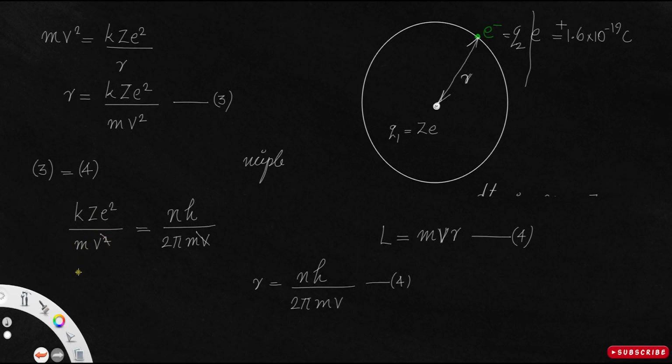So cross multiplying, you will get kz square into 2 pi m, taking this to the right, equal to nh into mv.